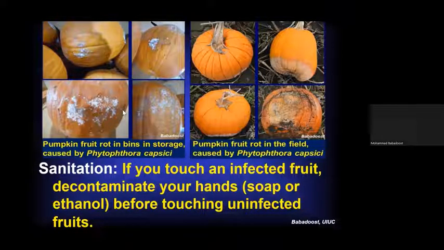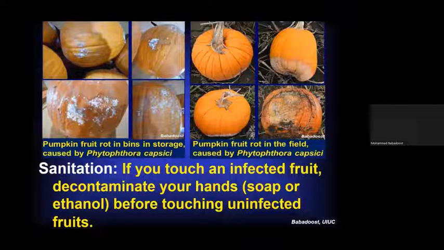Then they put them all in a bin. A bin is a big container. Then they take them to the market, and in warm and moist conditions, all of the healthy pumpkins get infected. So if somebody is picking up watermelon or pumpkin or squash, winter squash, and the hands get contaminated, he or she has to wash hands with soap thoroughly or use alcohol to decontaminate.